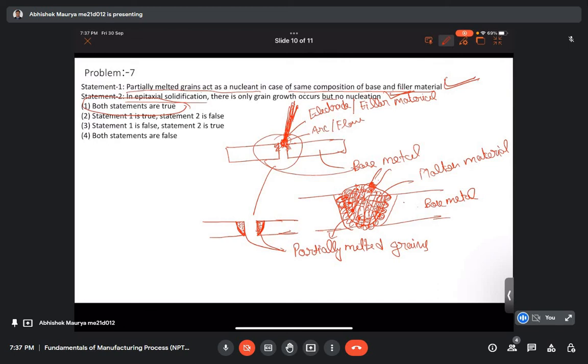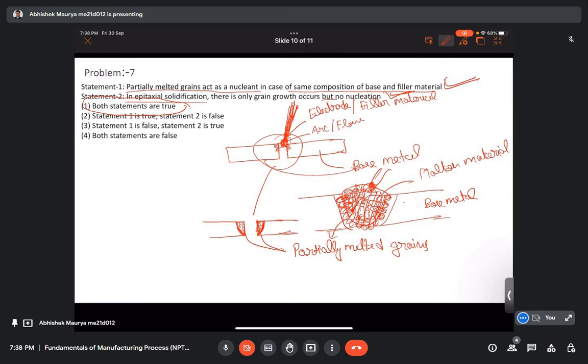Both statements are true. So I have explained this problem, but if any doubt is there, please let me know. Otherwise we will move to the last question of the day. Okay, it seems there is no doubt.